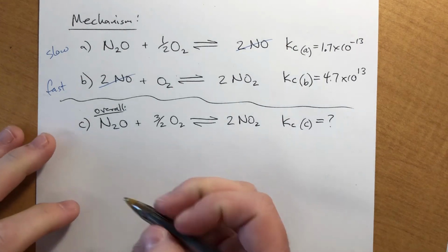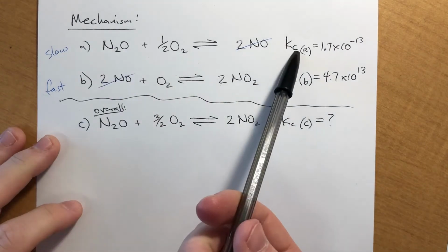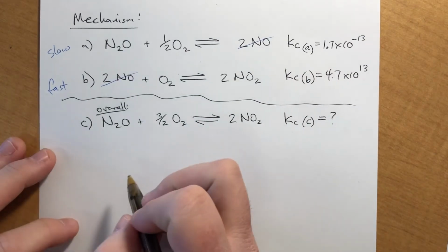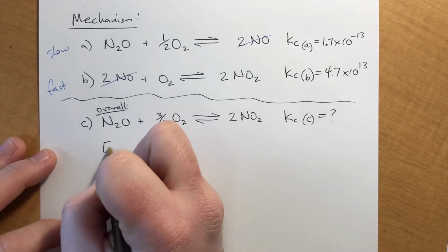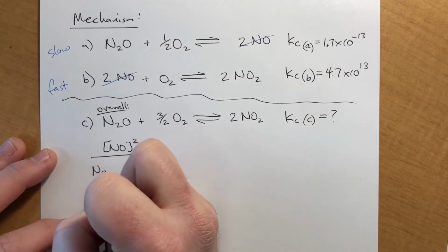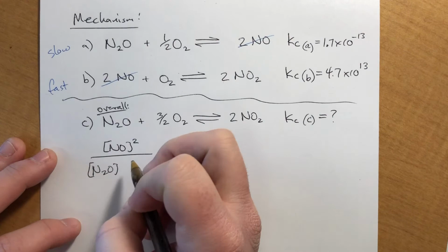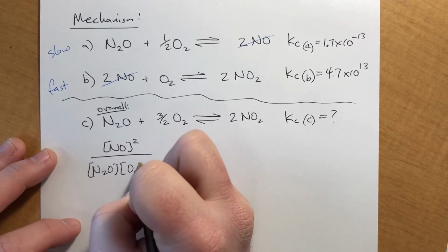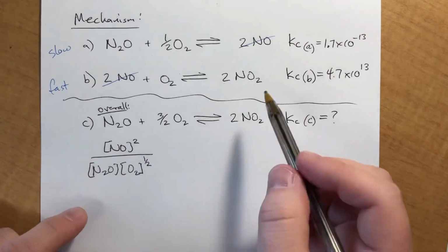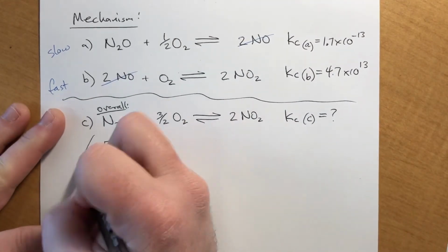Okay, so if we look at the Kc, the general form of products over reactants, for the first reaction, it's concentration of NO squared divided by N2O times concentration of O2 to the 1/2. Okay, right, products over reactants. I'm going to put that in a parenthesis.